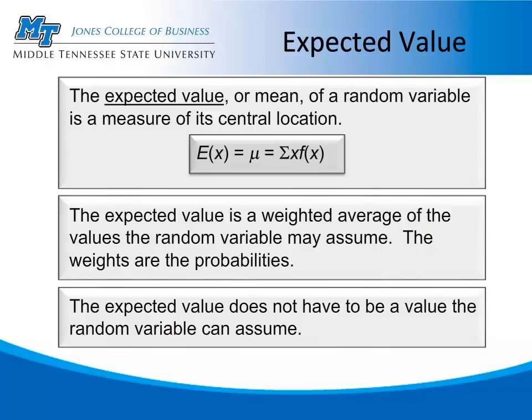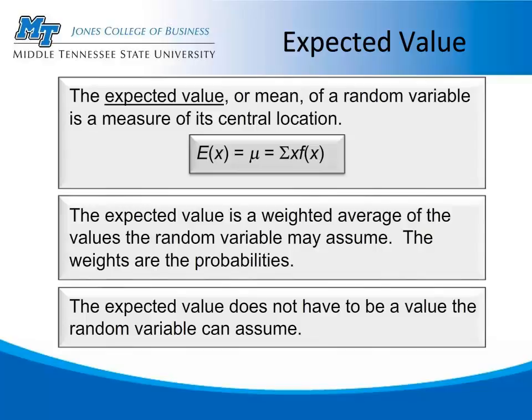Now it's always going to be true that when you add up the probabilities, they're going to add up to 1. So when you take the sum of the products and then you divide it by the sum of the weights, you're going to be dividing it by 1. And so you're going to end up with the mean. Now you need to notice that the expected value doesn't necessarily have to be one of the values that the random variable can assume.